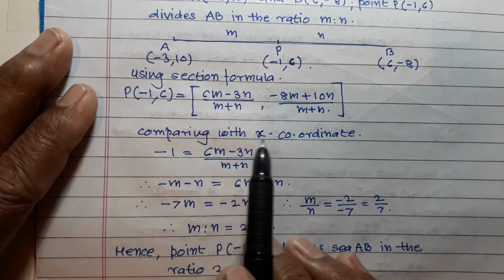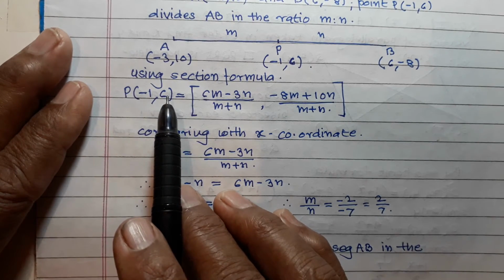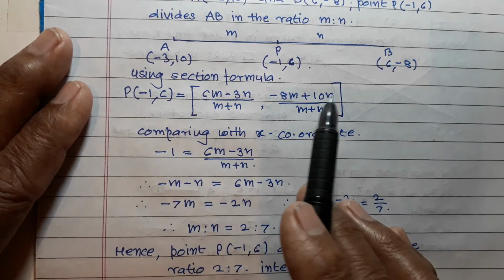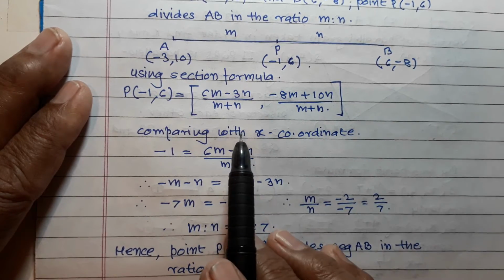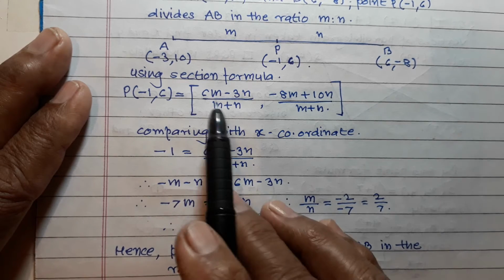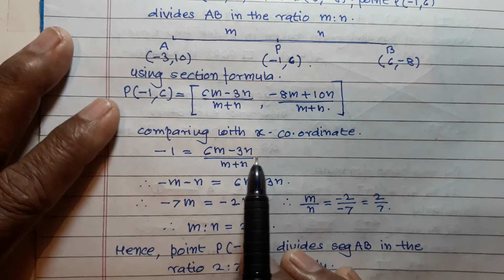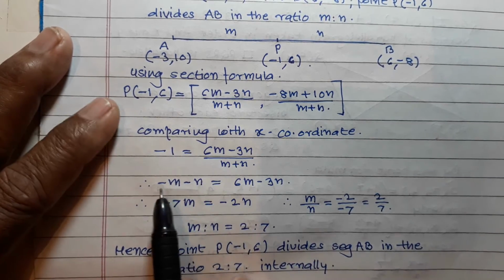Now comparing with the x coordinate. This is the x coordinate and this is the y coordinate. You can compare with any coordinate, so I compare with the x coordinate. So minus 1 is equal to 6m minus 3n upon m plus n, and this you simplify.